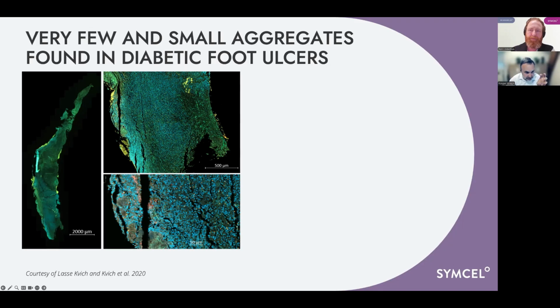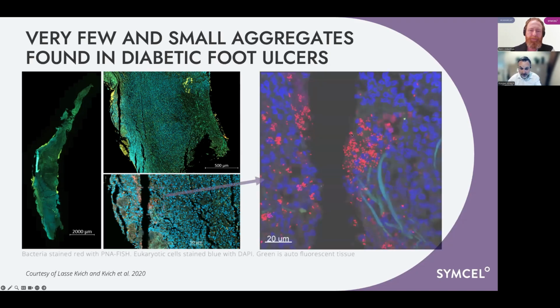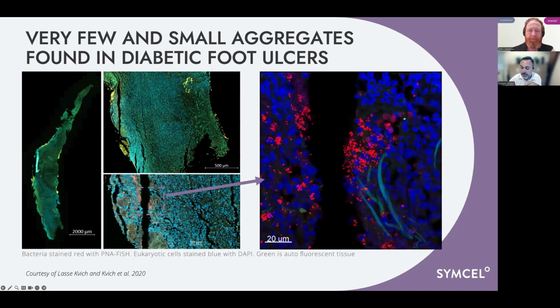But if we zoom in on this little area here, very closely, you would actually see all these blue dots. That's immune cells. And down here, we actually see the bacteria. We zoom in a bit on that. Here again, the red are the bacterial cells in small aggregates, completely surrounded by immune cells.